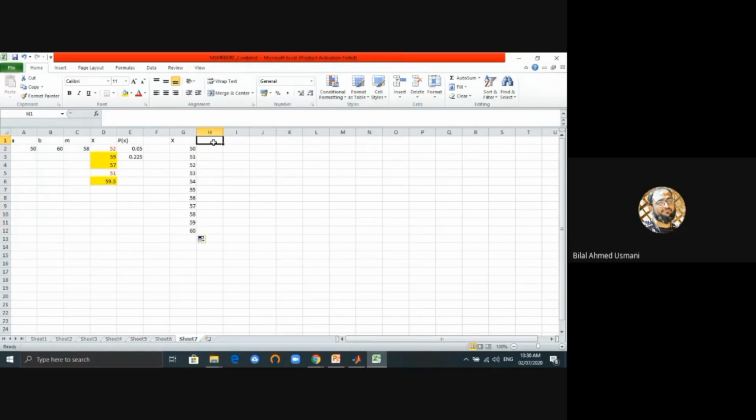I will take x like that, and I will take f of x rather than p of x. f denotes the CDF. Just calculate probabilities of everyone, so it would be easier for you to understand. Calculate individual probabilities and then calculate the cumulative sum function.